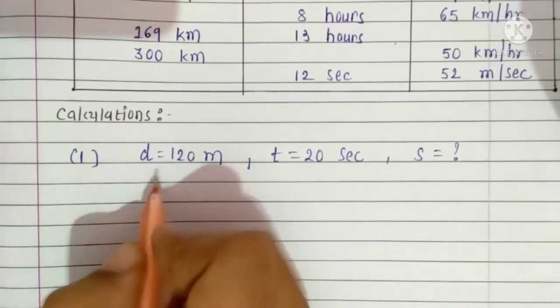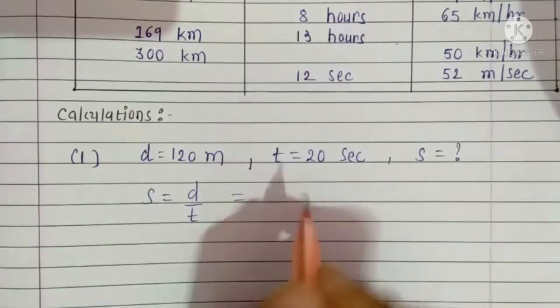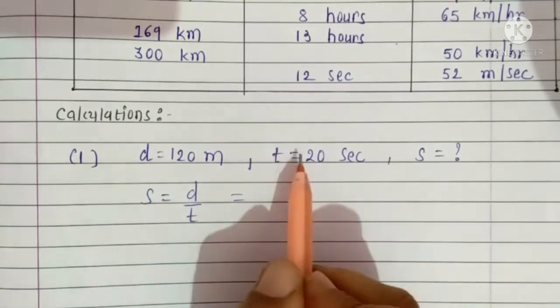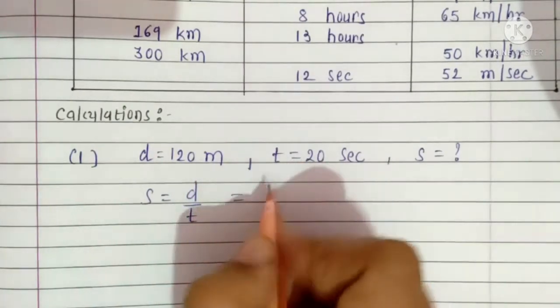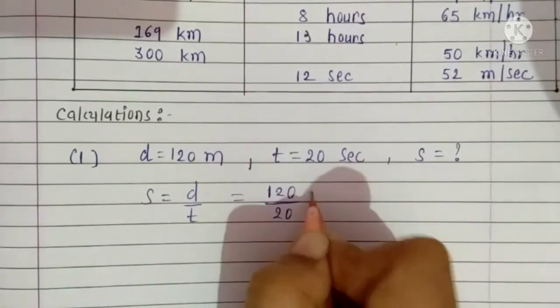According to formula, S is equal to D upon T. We put the value of D and T in this formula. We get 120 upon 20.